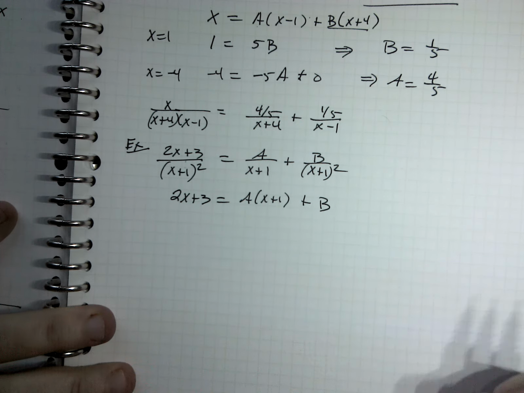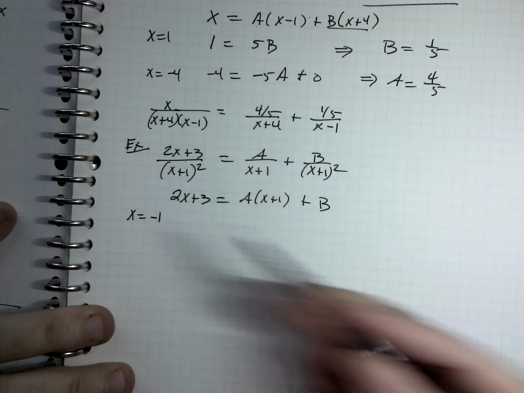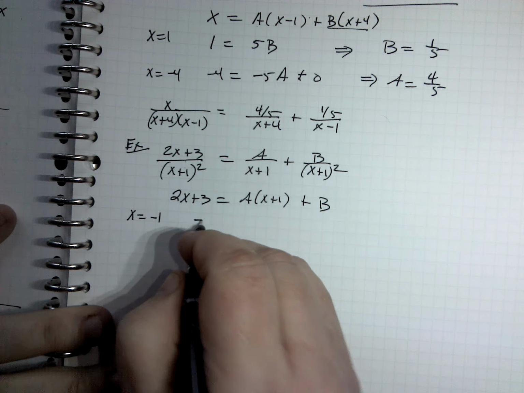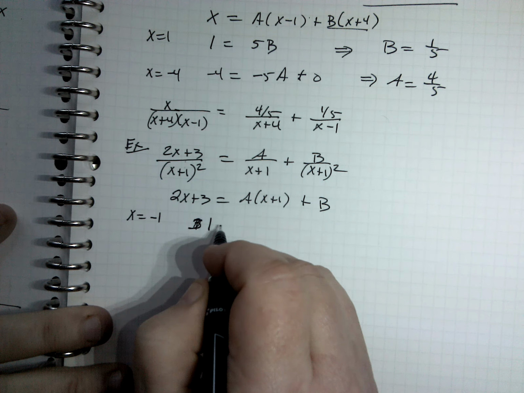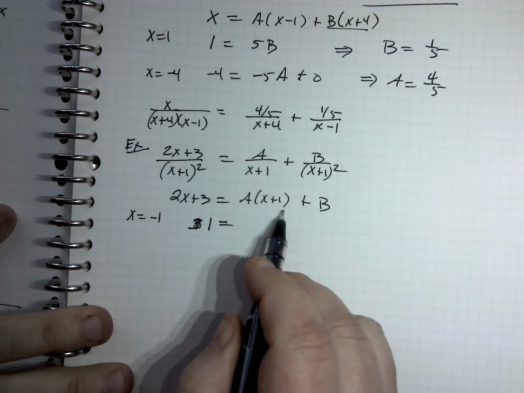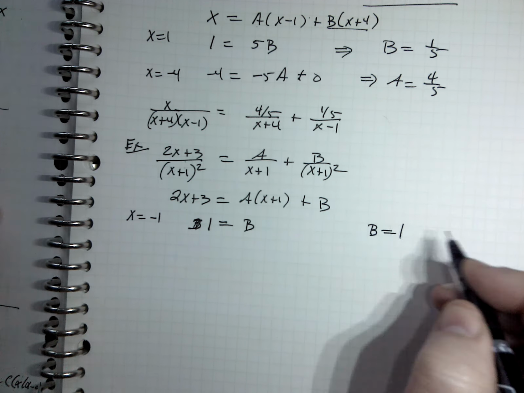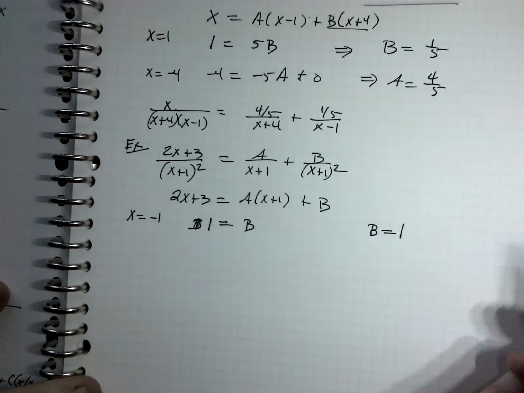My choices for x: let's choose x equals -1. So I have 3 plus -2 is a negative. No, it's not. It's a 3. No, it's not, Megan. It's a 1. We'll get it eventually. The a goes away, so then I'm left with b, so b equals 1. I need another number. Let's go for 0.